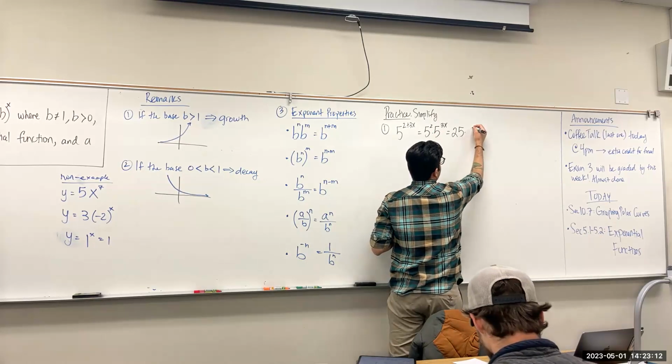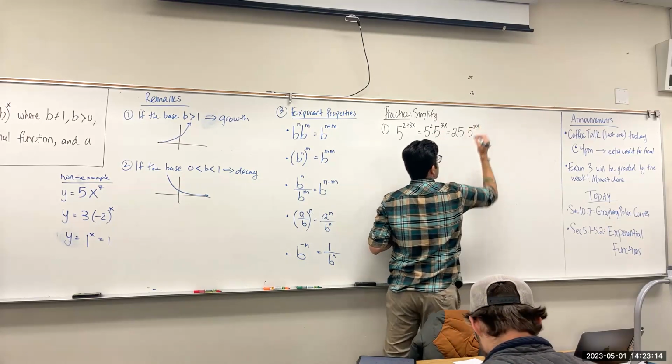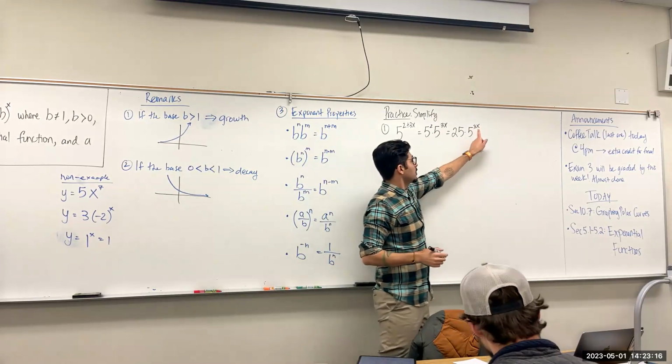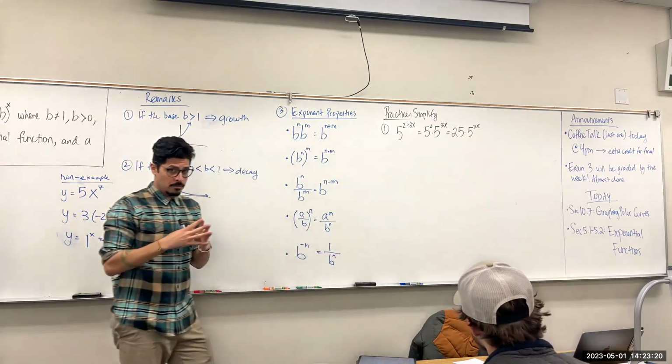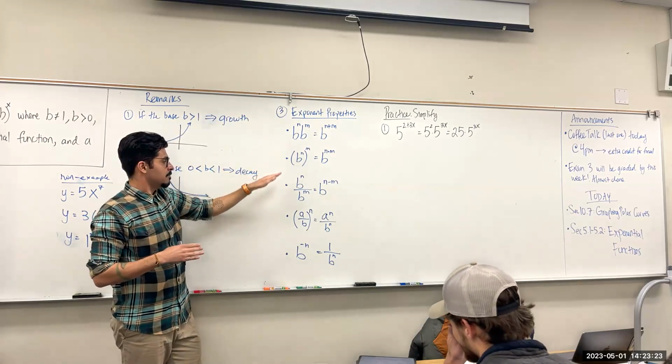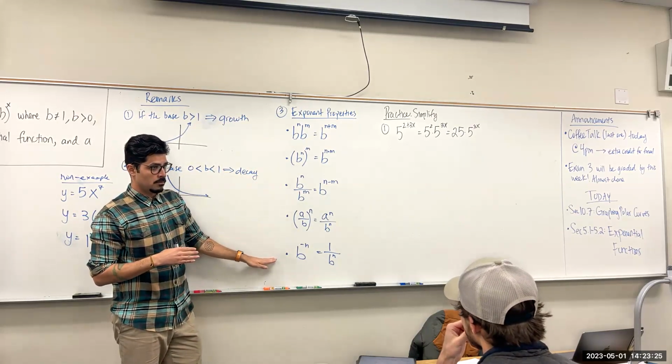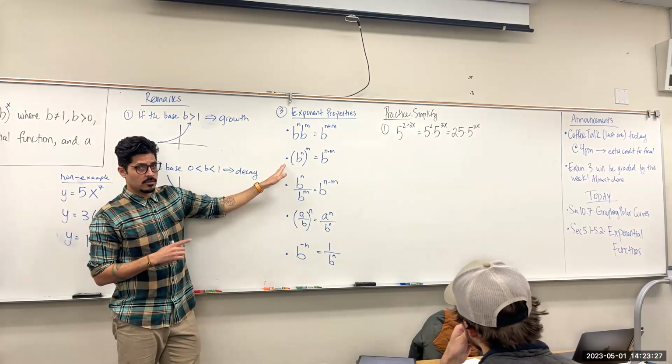And then I got 5 to the 3x. What are the 3 and the x doing? They're multiplying. Which property has the exponents multiply? The second one.